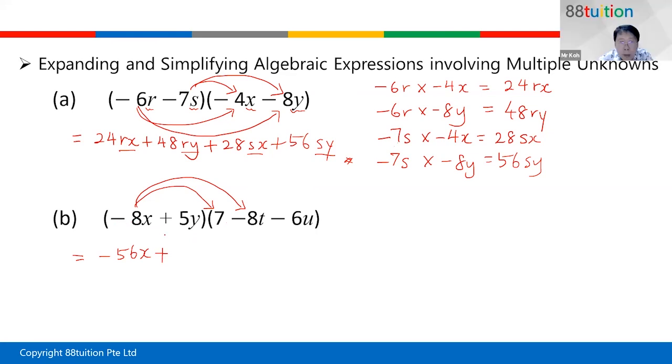Wait, no, 8 times 8. So we deal with the sign first. Minus times minus gives you a plus. So 8 times 8 gives you 64. Then x times t, you arrange it to become tx, so 64tx. Is it all right?